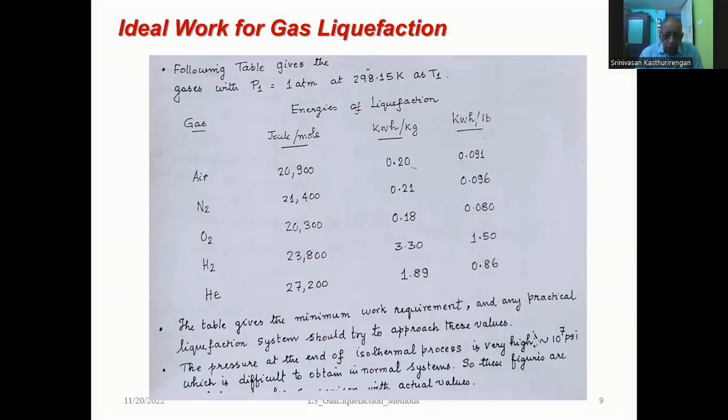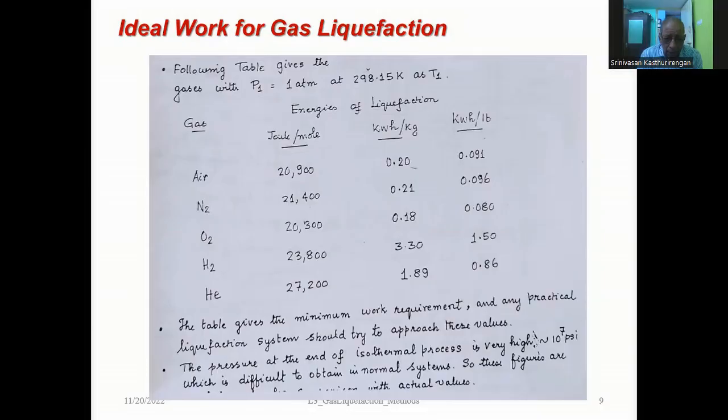Now you notice one important thing, that the pressure at the end of the isothermal process is pretty high, as much as 10 to the power 7 psi, pounds per square inch, which is normally very difficult to obtain in laboratory systems.